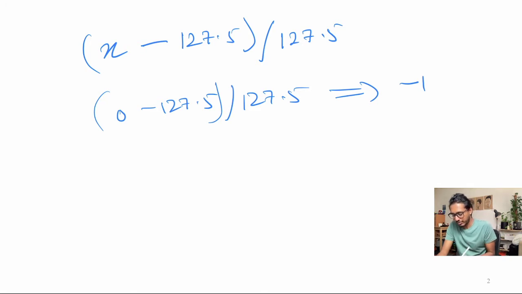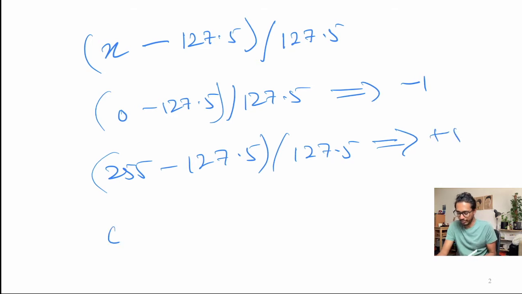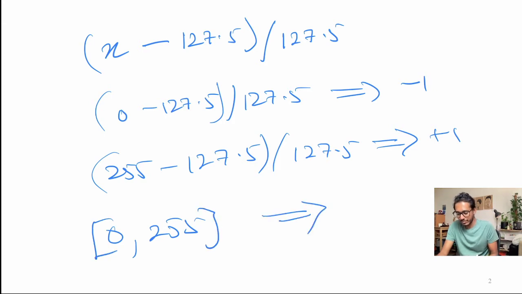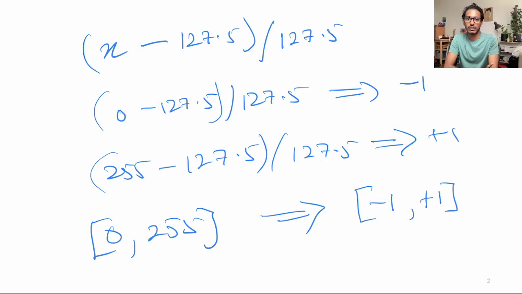At the other end of the range, 255 minus 127.5 divided by 127.5 results in +1. So our range from 0 to 255 now converts into a range from -1 to +1, which is much better for us to be dealing with.